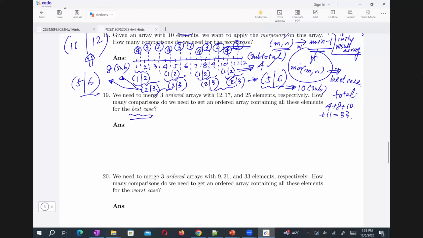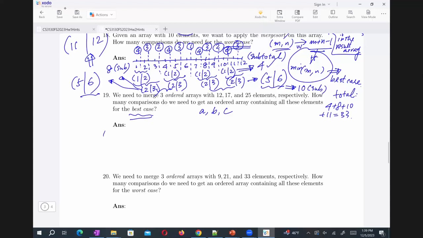Let's assume the number of elements in them are A, B, C. When we need to find the best solution, because there are several possible solutions, we need to compare which one gives us the best.